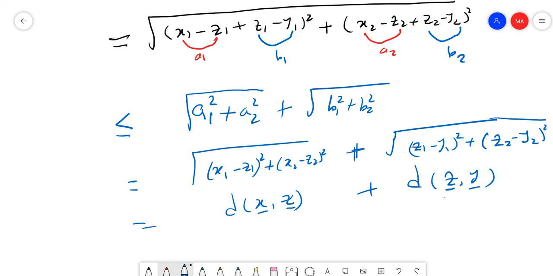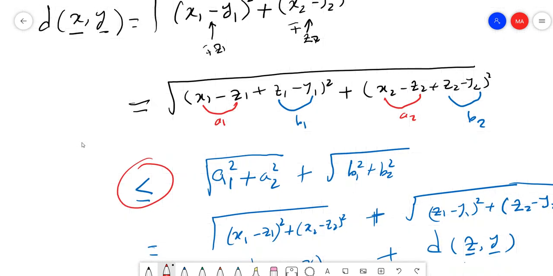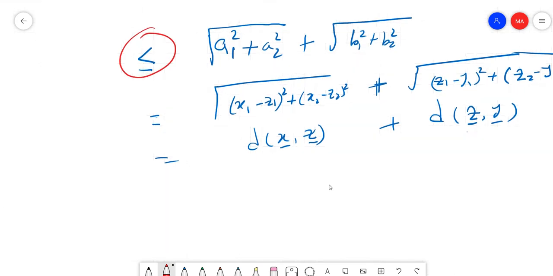Which proves our inequality: the distance between x and y is less than or equal to the distance between x and z plus the distance between z and y. This is the example.